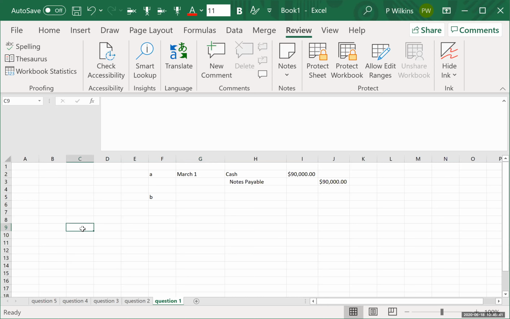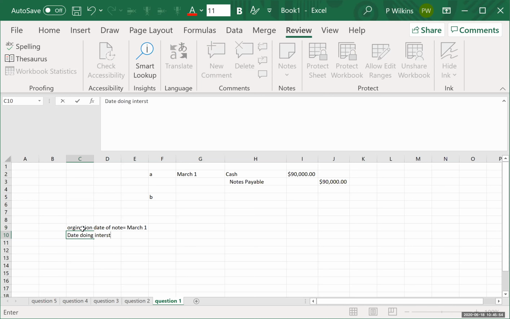Origination date of the note was March 1, right? Date you're doing the interest is June 30th, right?